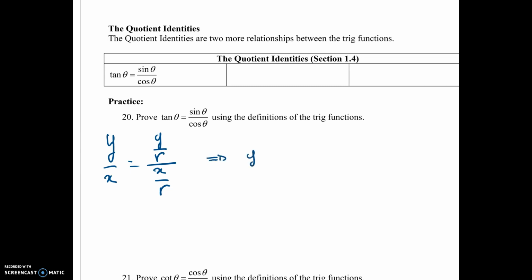So I end up with y over x equals y over r multiplied, this time, by the flipped second fraction, r over x. The r's divide out, and I end up with y over x equals y over x. So yes, tangent theta equals sine theta over cosine theta.